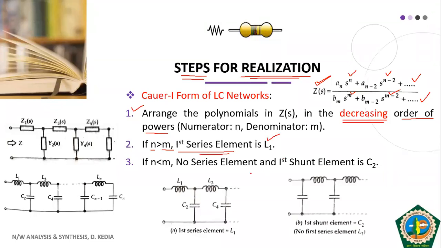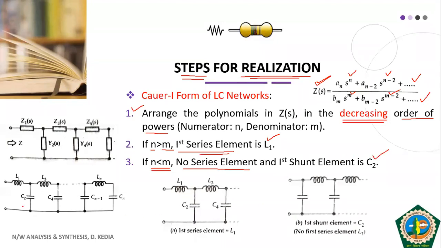If this is not the case, that means the power of the numerator polynomial is less than the power of the denominator, then there will be no series element, and the first element will be a shunt element, that is, a capacitor.